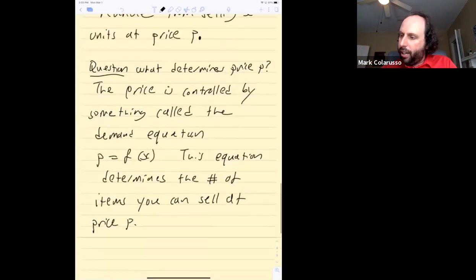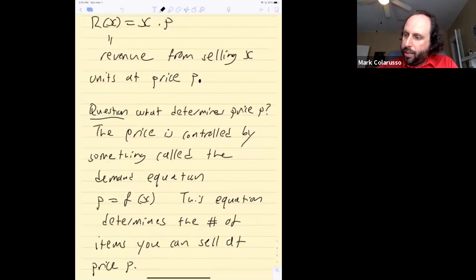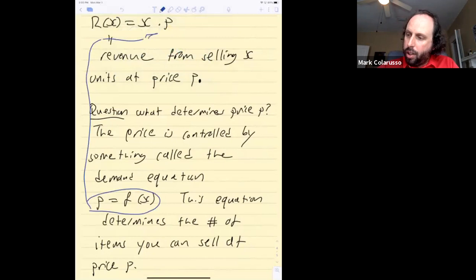So that's why it's called the demand equation. And if we put this into here, we get a more accurate revenue function, a nice model for the revenue as a function of x.